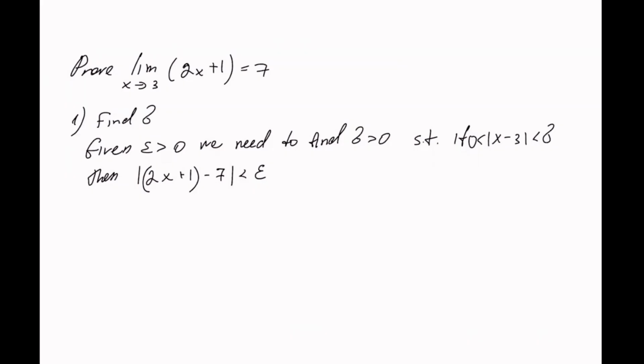So essentially, if absolute value of x minus 3 is less than delta but greater than 0, this is what's given, and we need to prove that this is true. That is the end goal.